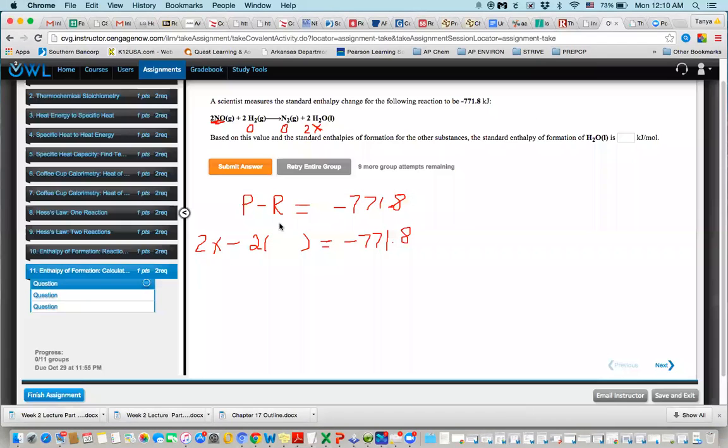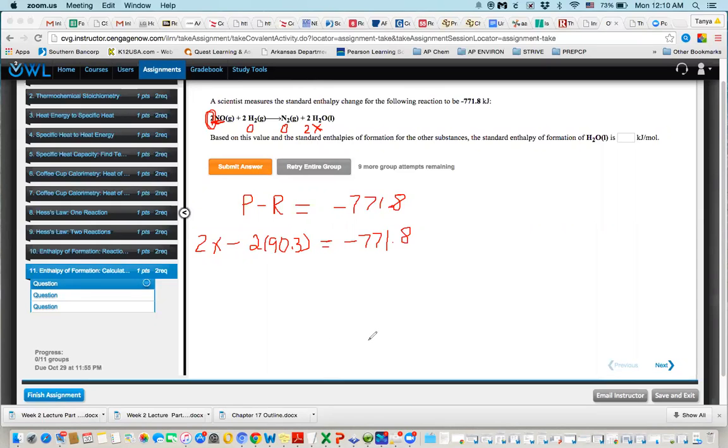Okay, let's go back. So then I'll plug in 90.3 right here. And why do I have a 2 in front of that? Remember, nitrogen monoxide had a 2 right here. So there are 2 nitrogen monoxides. You have to plug that in.